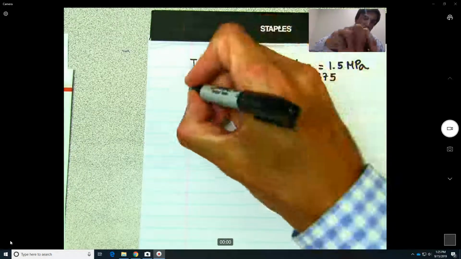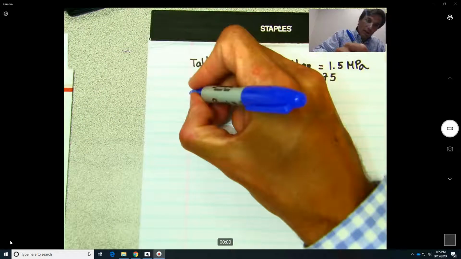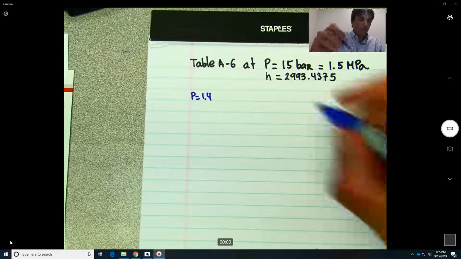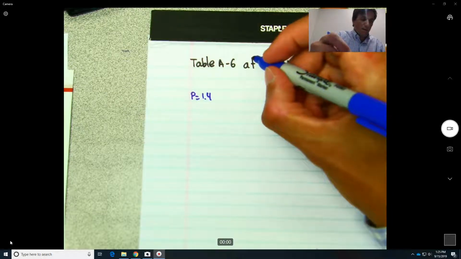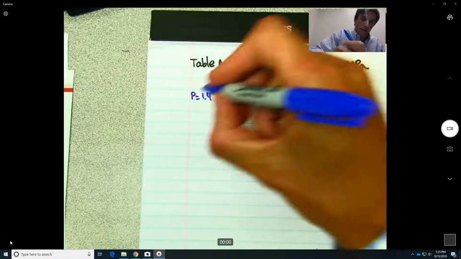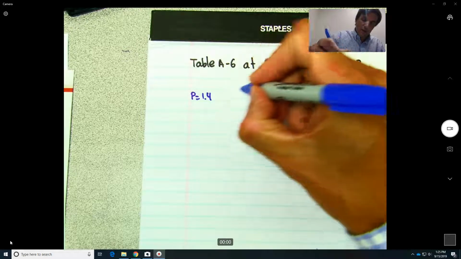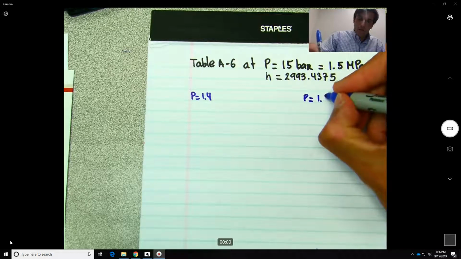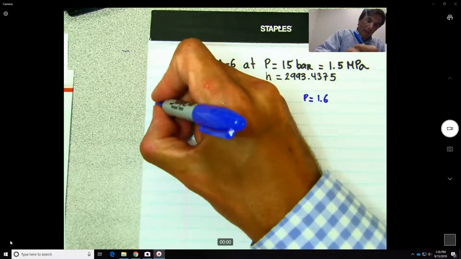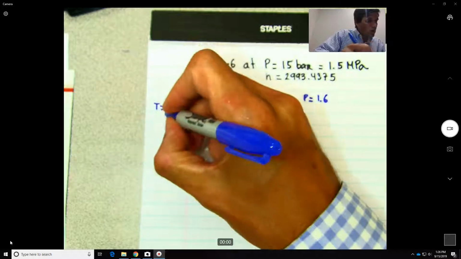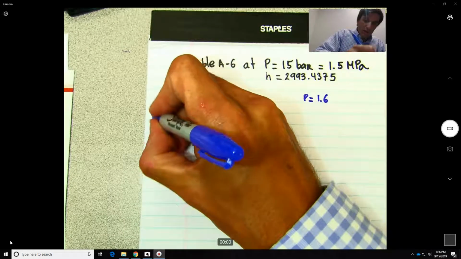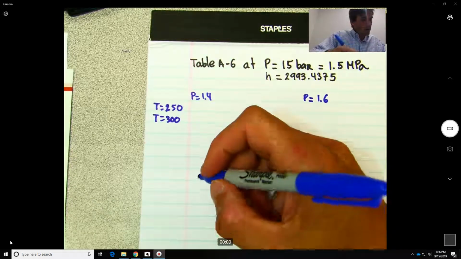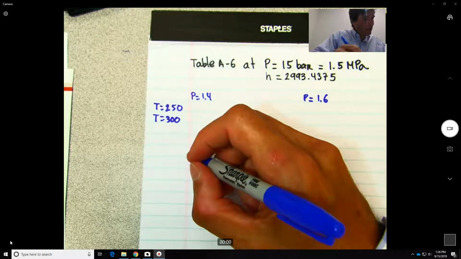So we know at P equal 1.4, and T, so let's see if we can do it this way, 1.6. Okay, so at T equal 250, T equal 300. So we need the v and the H.